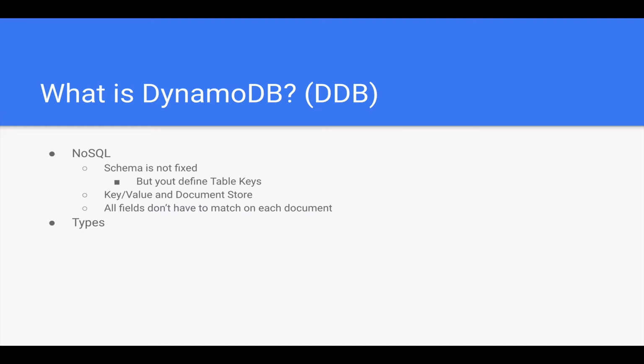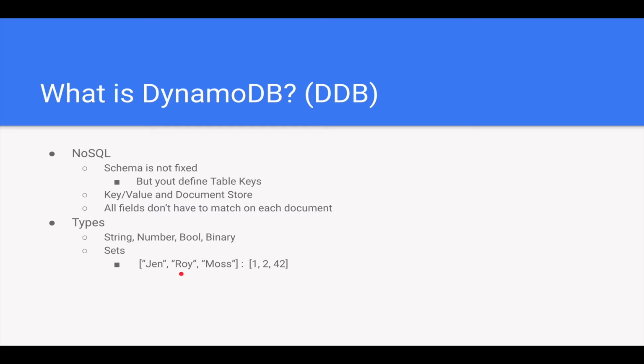Now there are types in Dynamo. There are your standard string, number, bool, and binary, which is just going to be your binary data. You can technically store a small PNG inside of Dynamo. It's not a fantastic idea, but you can just store binary data. Then there's sets. Sets are going to be of the same type.